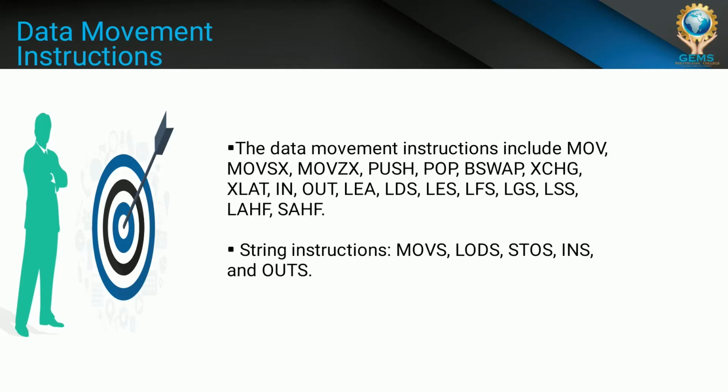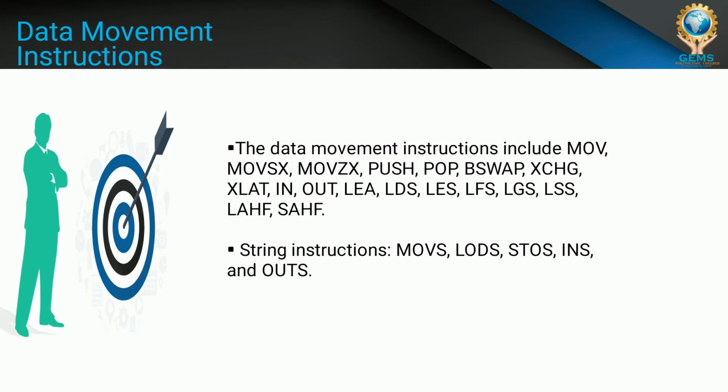Data movement instructions may transfer data from register to register, register to memory, memory to processor, processor to any component, or output to input, input to output. Whatever communication and operations go on between all the components inside the architecture, everything is based on data movement instructions.